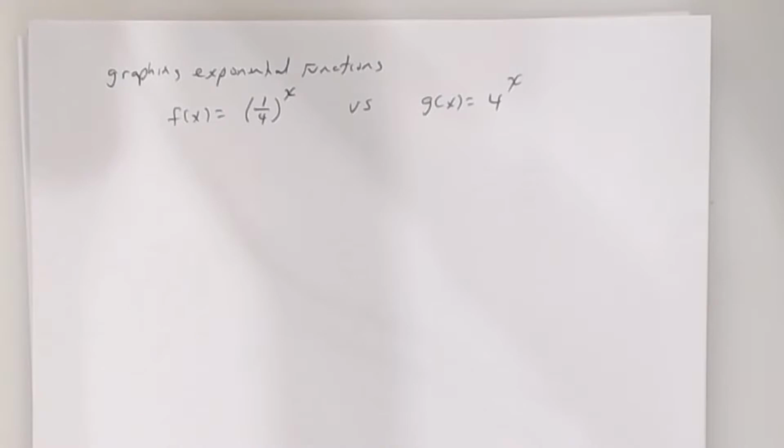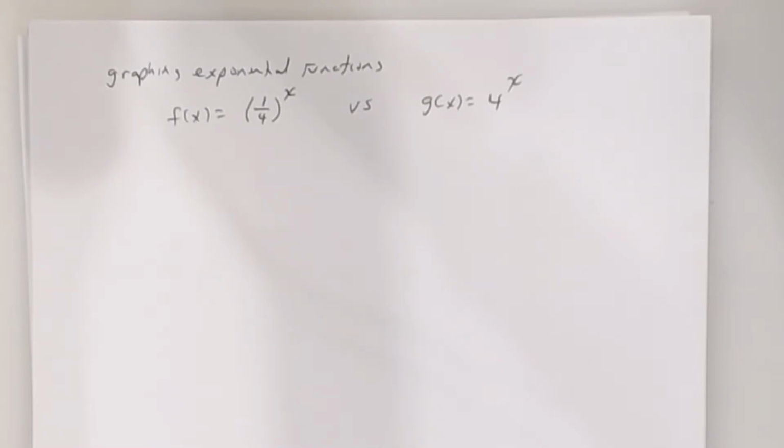I want you to notice the base, though. What do you notice about the base of each one? They're not the same, obviously, but what else can you say? They both contain 4s, but what I'm trying to get you to say is that 4 over 1 is an improper fraction, and the 1/4 is a proper fraction.